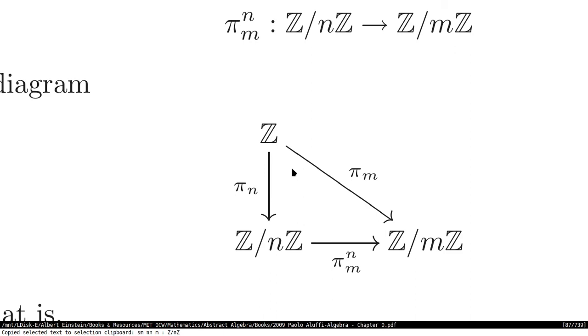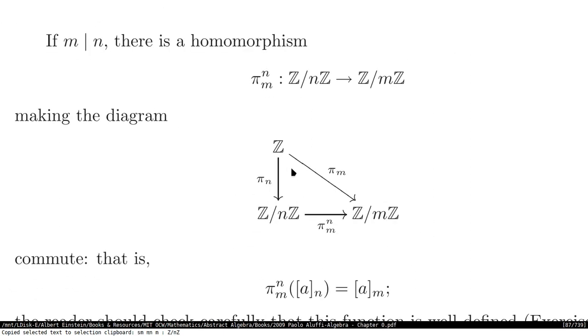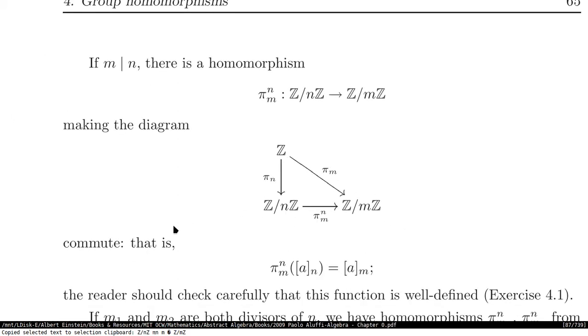So this looks a lot like projection, but it isn't. So you have pi m from Z to Z mod mZ, pi n to Z mod nZ, and you have pi nm going from here to here.